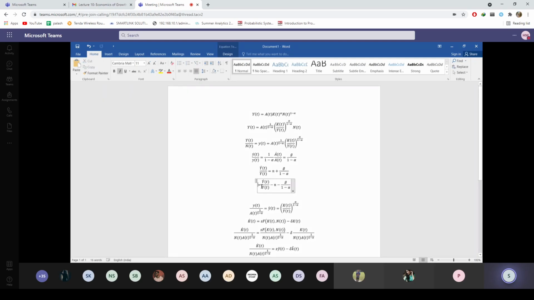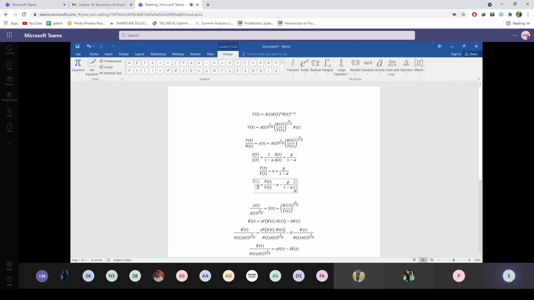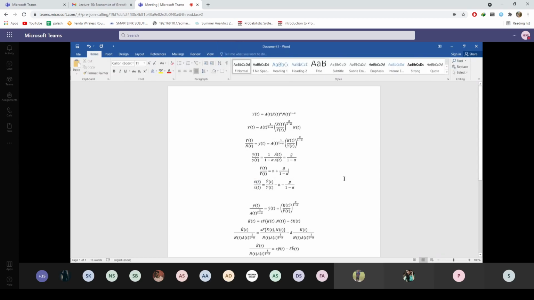Let me set a new equation here. This is your xt, and again you have your xt, and call it dot. So if capital Y dot by capital Y at the steady state is n plus g divided by 1 minus alpha, that means at the steady state x dot t divided by xt is 0.